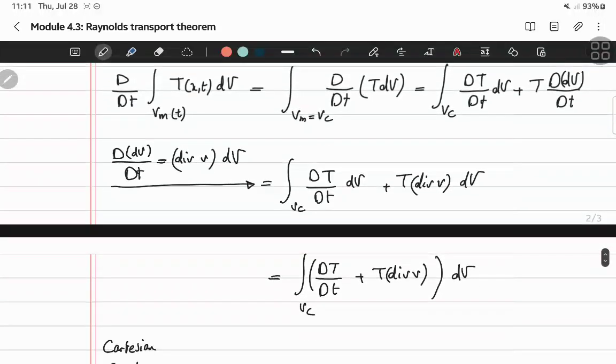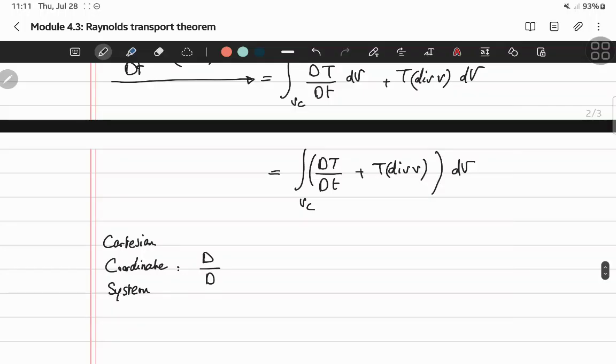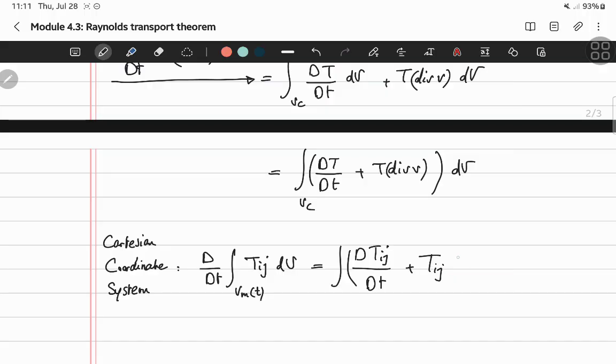we have the material derivative of Tij dV over Vm(t) is equal to dTij/dt plus Tij times the divergence of v. This is a tensor, so we also expect to get a tensor in here. The divergence of v reduces the order by 1, so it becomes a scalar.